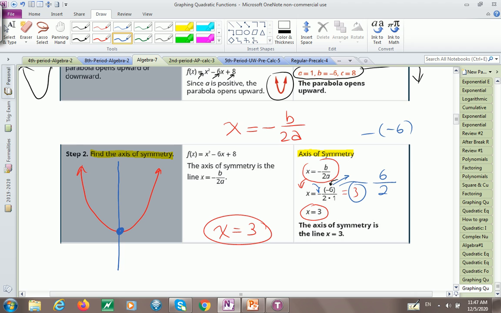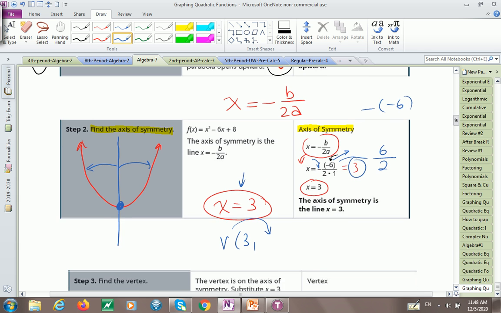That's the vertex point. That distance must always be equal to that one to get the symmetry. So once you figure out the line of symmetry, you actually figure out the x coordinate of the vertex as well. That's the good part. The only thing we have to do is find the y coordinate of the vertex, which is our next step.